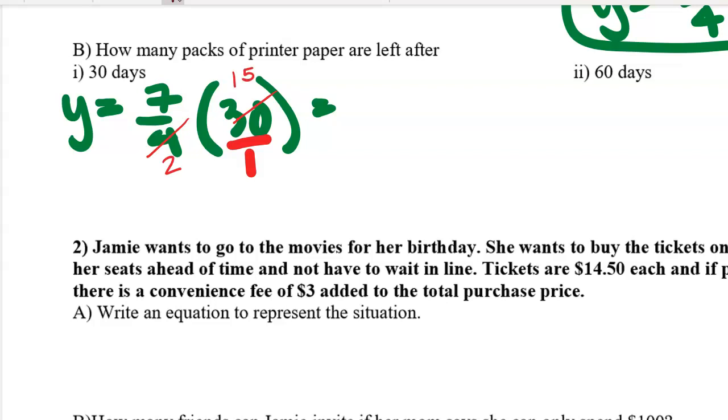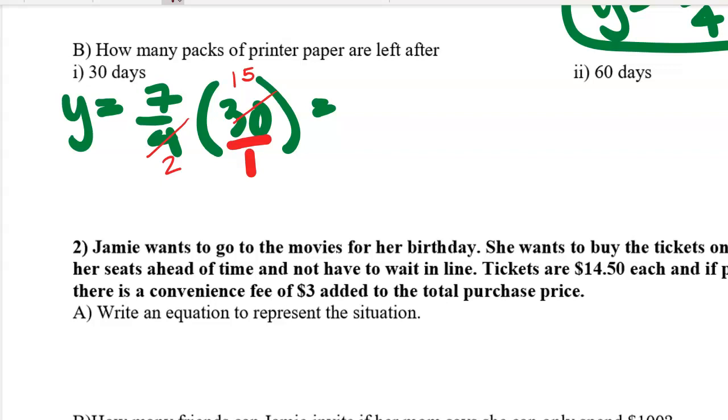So take your calculator. 7 times 15 is what, Kane? You said what? 7 times 15. What would we get? 105. Do you guys agree? Divided by 2.